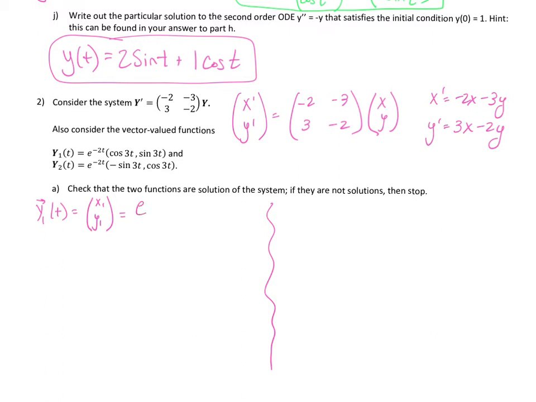So the first entry is e to the -2t cosine 3t, and the second entry is e to the -2t sine 3t. That means as separate equations, x1 is e to the -2t cosine 3t, and y1 is e to the -2t sine 3t.